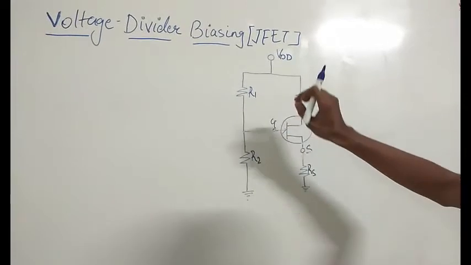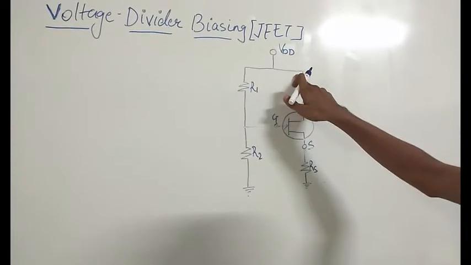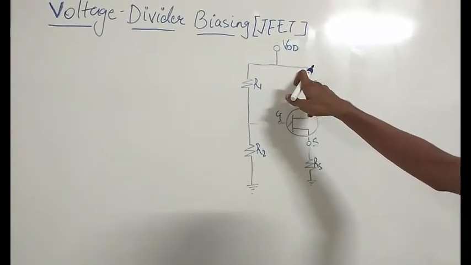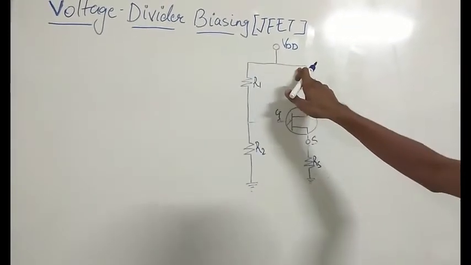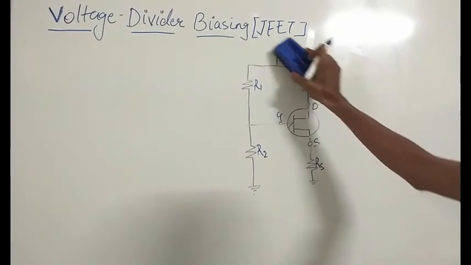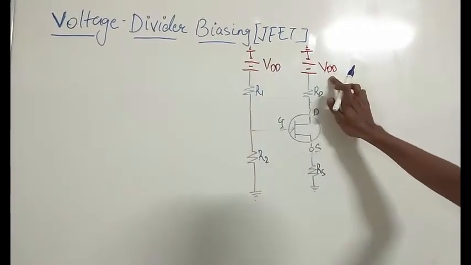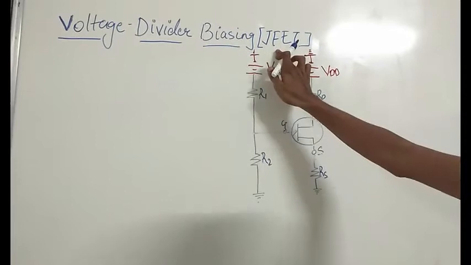So we can separate this and make two batteries of value VDD at this terminal and at this terminal. So now I am removing this. So this is the VDD, same VDD, and both are grounded.